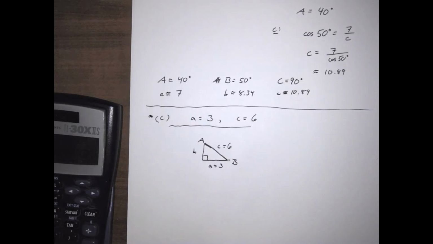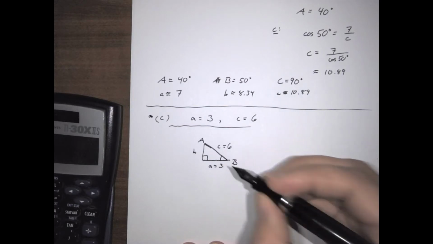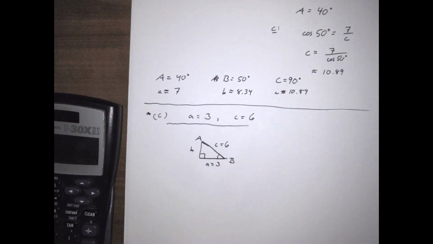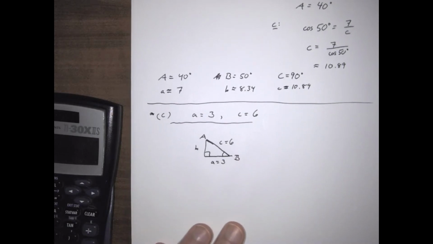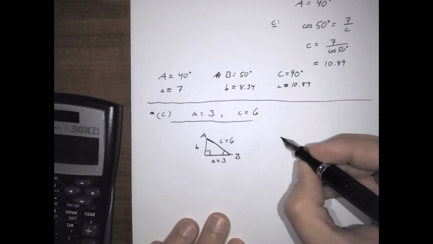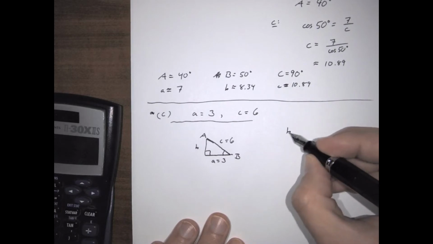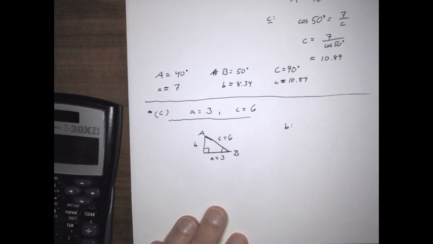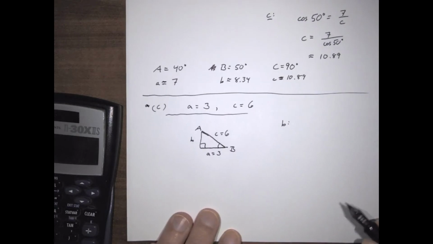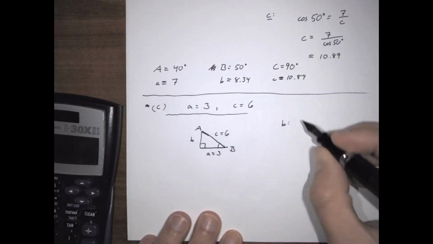Now, by default, it might be a good idea to put them in some kind of regular order that you can always remember, so that you don't mess it up. But once again, this is not to scale. All right, so let's see here. What can I try to find? Well, if I want to find the other side, this is a right triangle, so I am authorized to use the Pythagorean theorem.